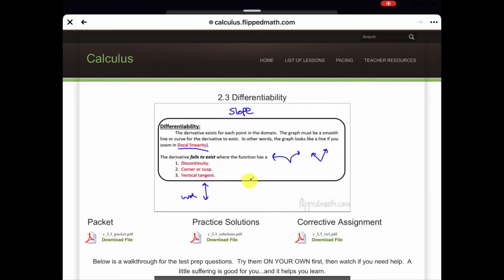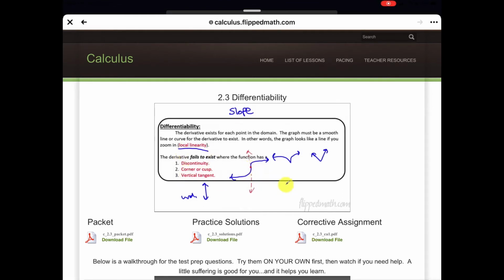So if you have some type of graph, like a cube root, where the graph does something like this, and for just a split moment right there, the slope is straight up and down. If you were to draw a tangent line right there, you'd have a vertical line. If you have a vertical tangent line, then the derivative does not exist at that point.